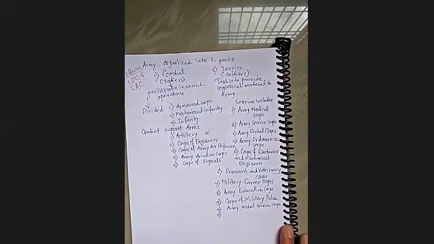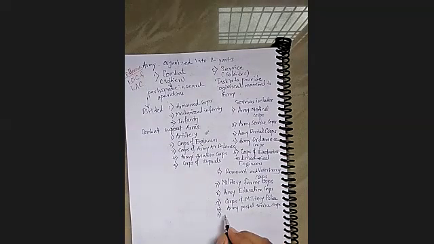A very well-known song, Chitti Aayi Hai, or the different scenes in the movie Border related to this. For that they have a special service corps called the Army Postal Service Corps.